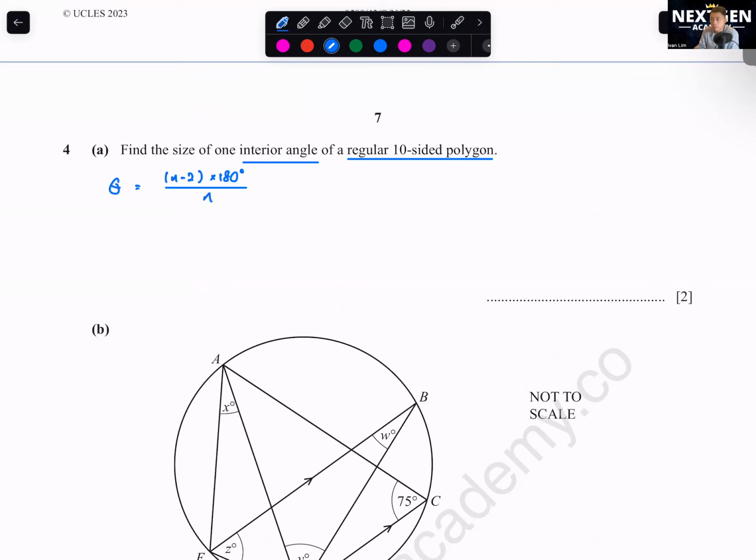This one you have to memorize. n is 10, so (10 minus 2) times 180 over 10. 8 times 180 divided by 10. You get 144. Interior angle formula, because they say regular. Regular means all the same.